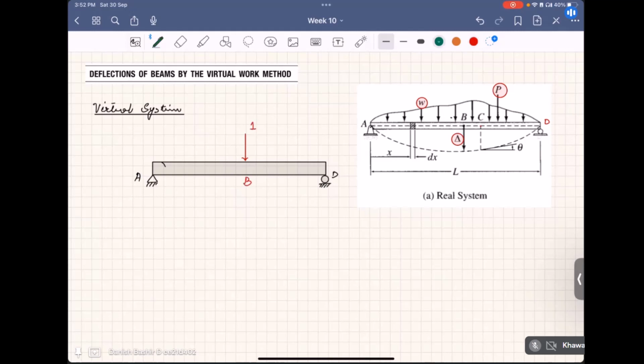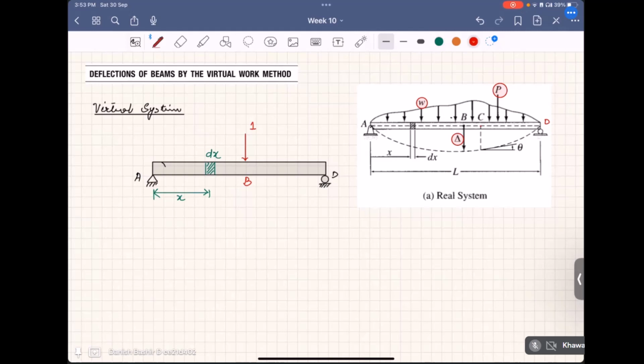One more thing, we are considering a small element dx at a distance x from this end, okay, the AB end. So actually what is this?